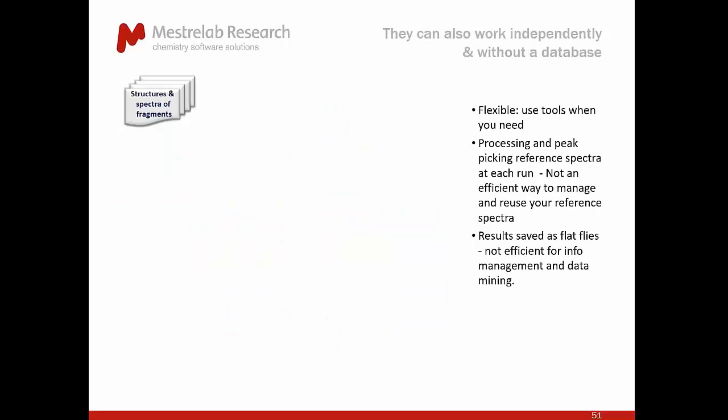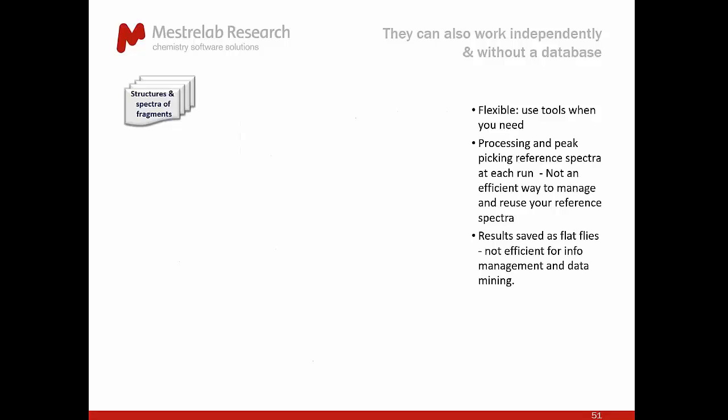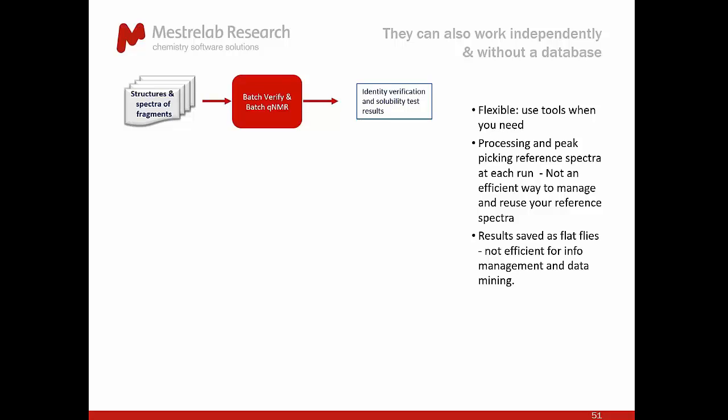And of course, some people say I don't want to have all of them because I'm only doing a part of this job. Don't worry, all of these tools can work independently or even without a database. As I said, with raw data, batch processing, QMR, you get the verification results, solubility test results, and the mixture design can always use the raw data and give you these mixtures.